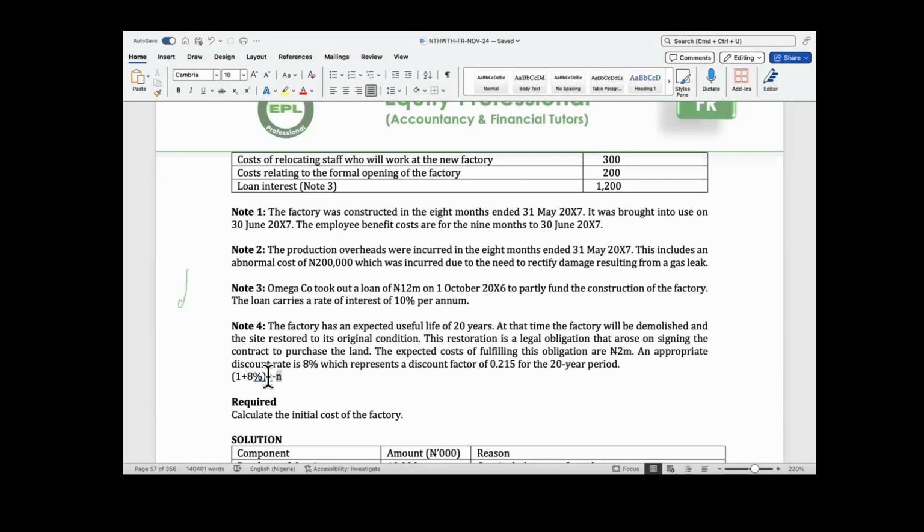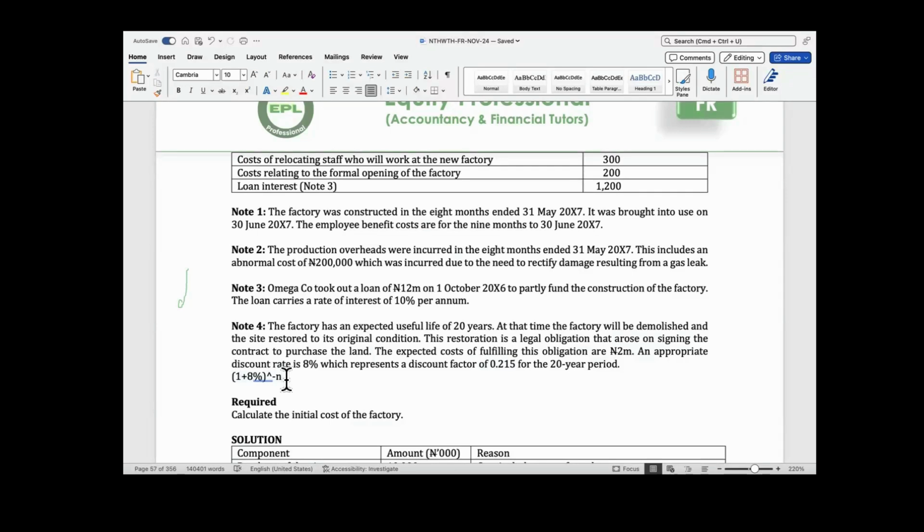So they give us 1.08 raised to power minus n, explaining how they got this 0.215. This is the formula for discounting. Without telling you, this is referring to that initial estimate of dismantling, removal, and restoration of the site that I was talking about, present value.